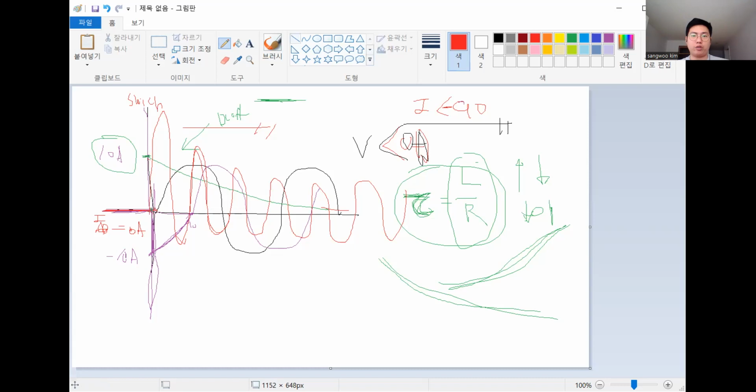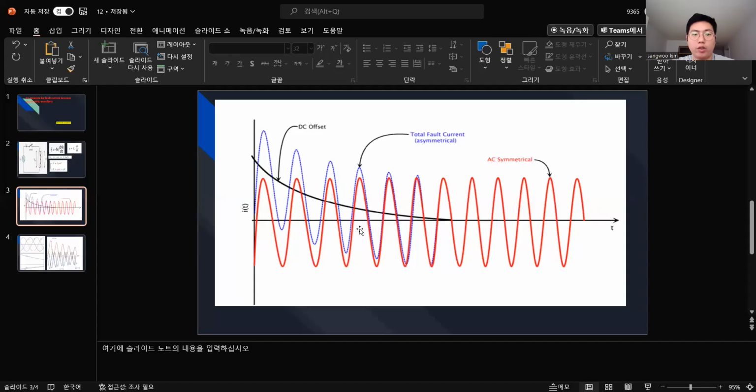Yeah, let's move on. I'll show you guys pictures. Look at that. What I said is this is the DC offset, right? It is an exponential function, but it disappears slowly because of the inductor, right? And then because of the inertia, it happened, right? DC offset.